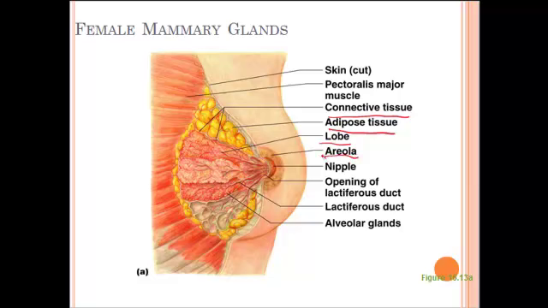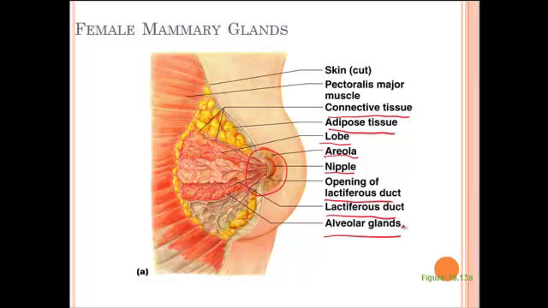We have the areola, which is this darker area around the nipple, and then of course the nipple. And we have the openings of the lactiferous duct. This is where the milk is released. We have the lactiferous ducts, and then we have alveolar glands, which produce the milk.